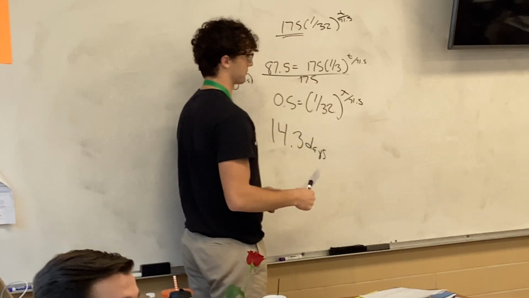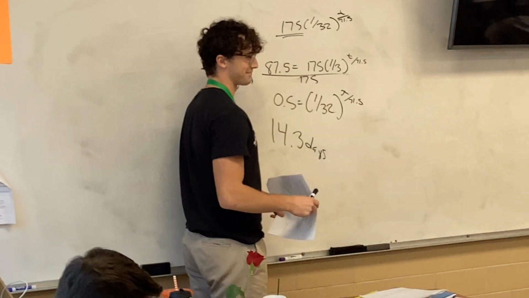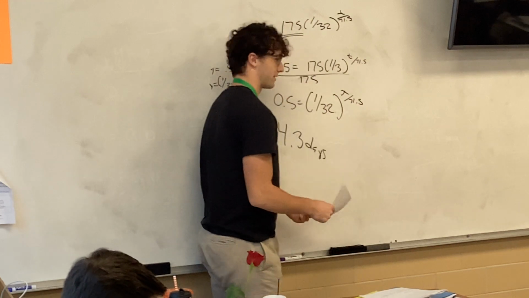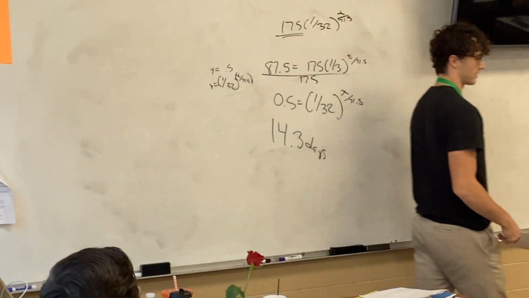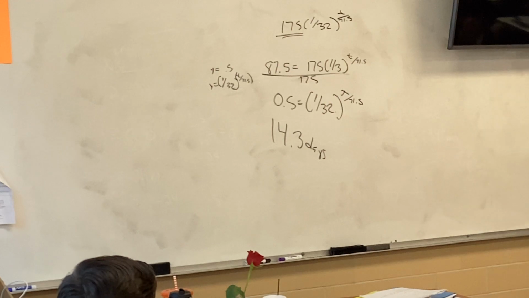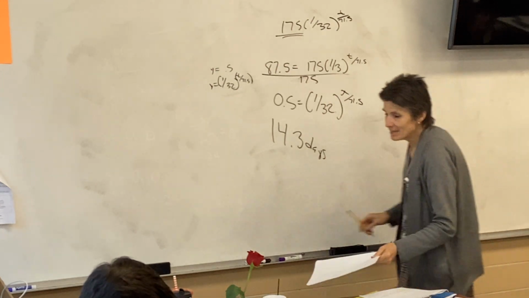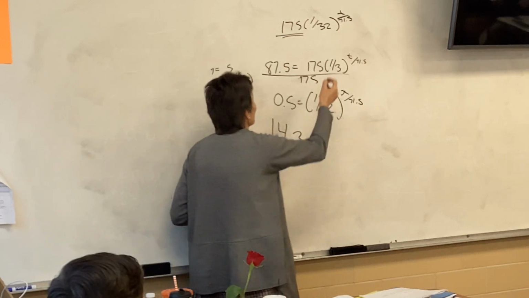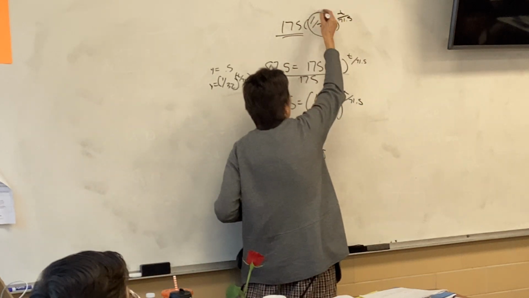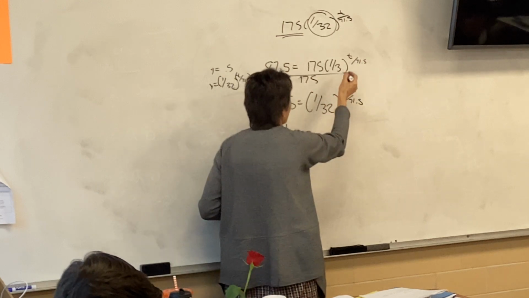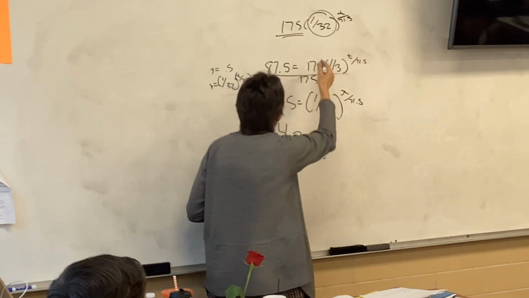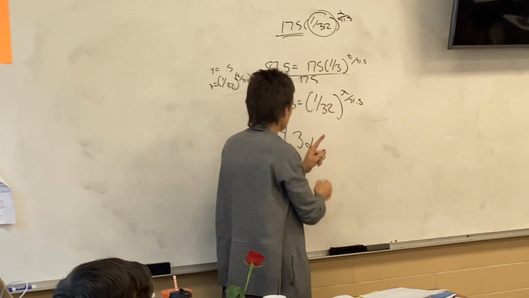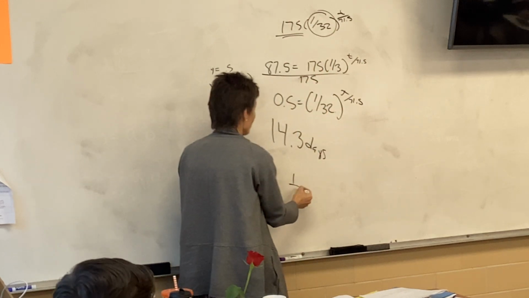Interesting strategy, Joe. It's perfect. I love it. But when I looked at it, I noticed coincidentally there's a relationship between the number they gave me. Is this my original equation? Yes. There's a relationship between the number I want to end up with, which is a half.